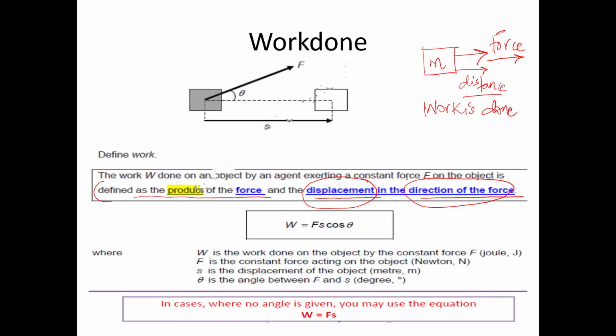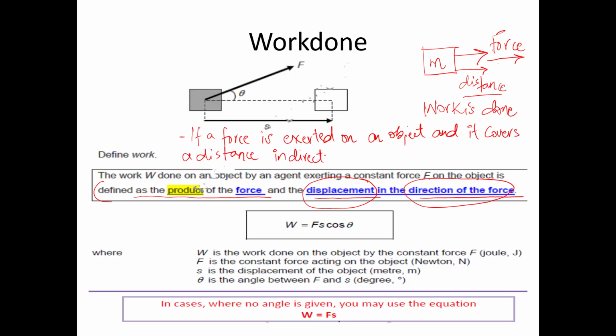In a simpler way, and you must add this point, if a force is exerted on an object and it covers a distance in the direction of force, then we say work is done.